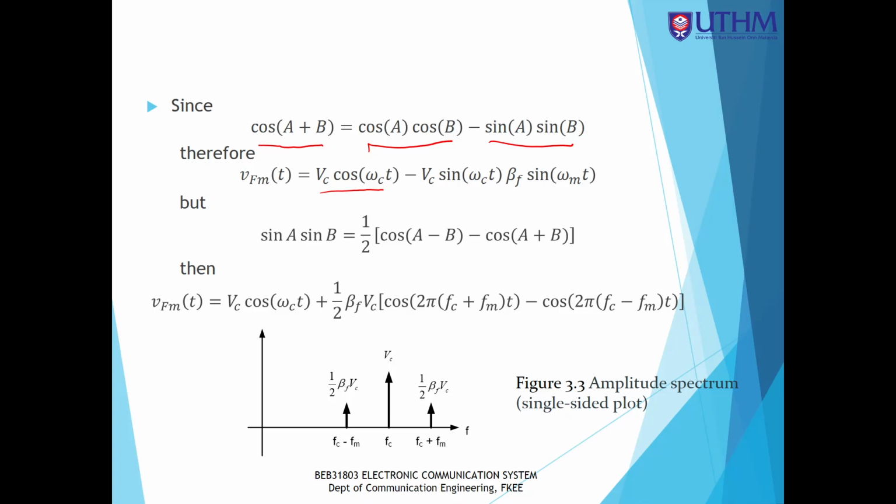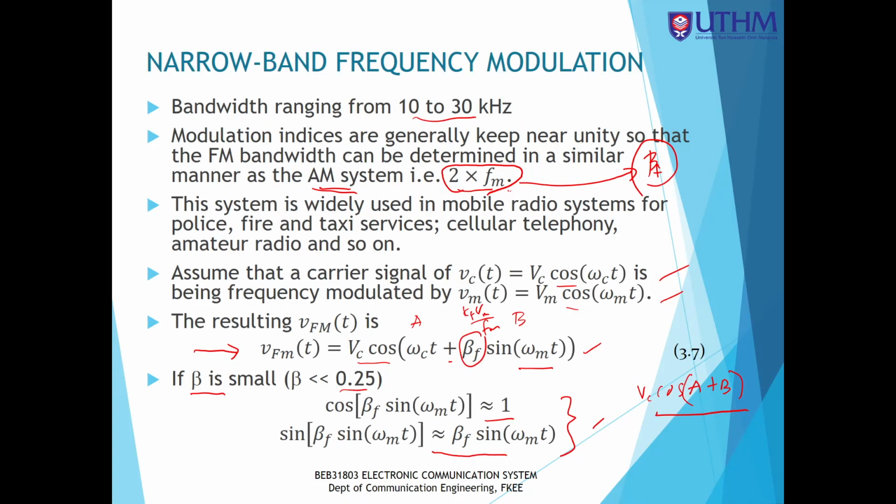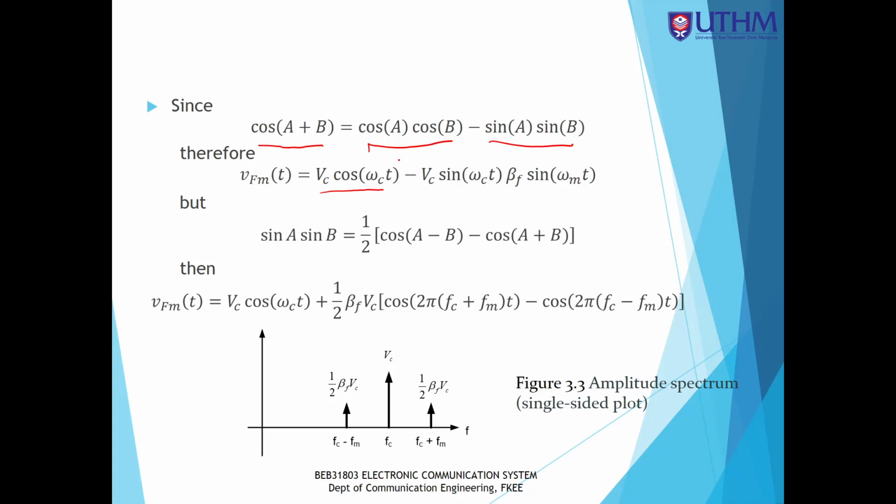Cos of beta F sin omega Mt is approximately equal to 1, so we multiply by 1 over here, minus sin A sin B. Sin A is Vc sin omega Ct.